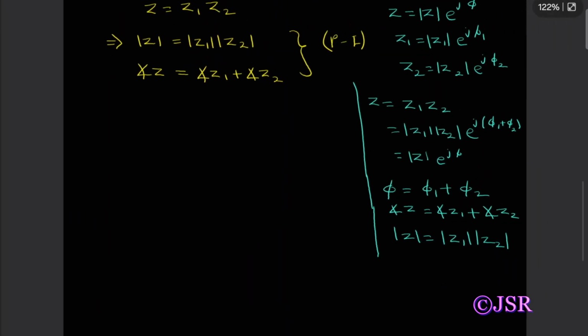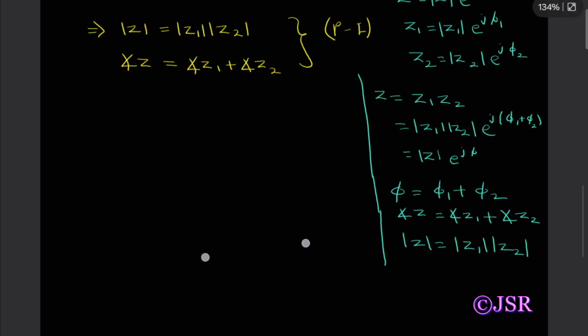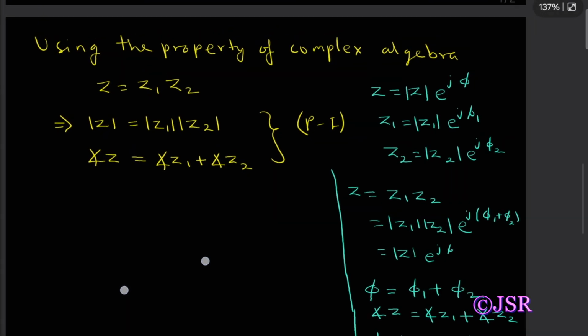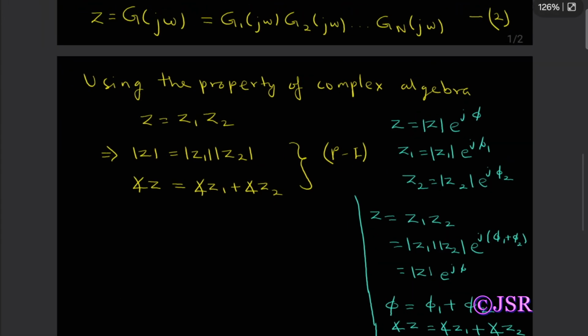So for two complex numbers, this can be extended up to n complex numbers.